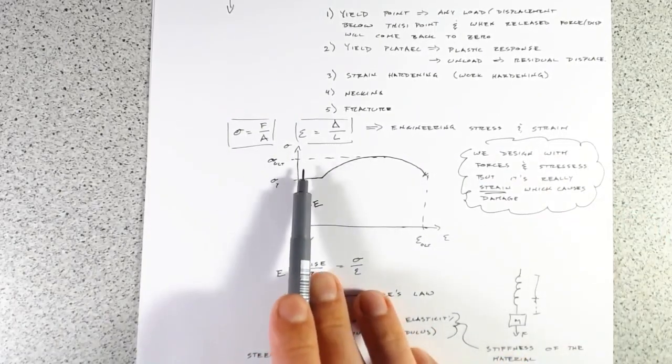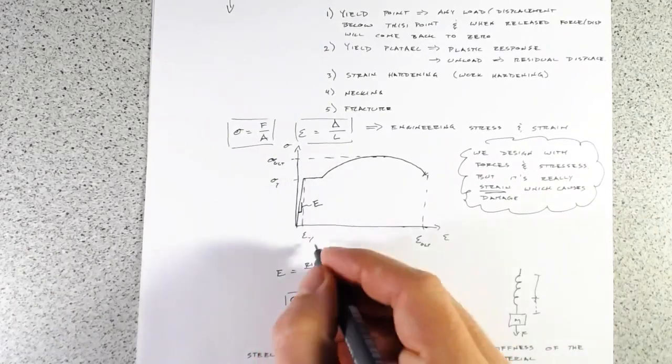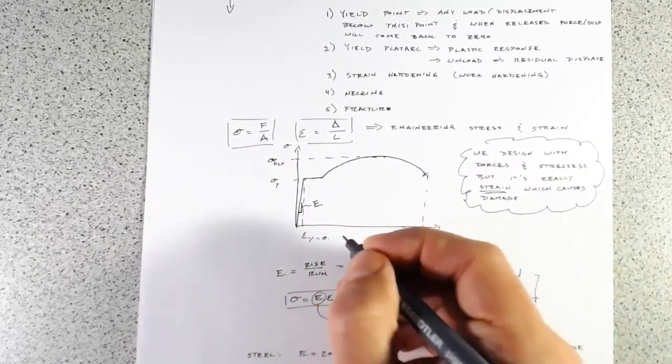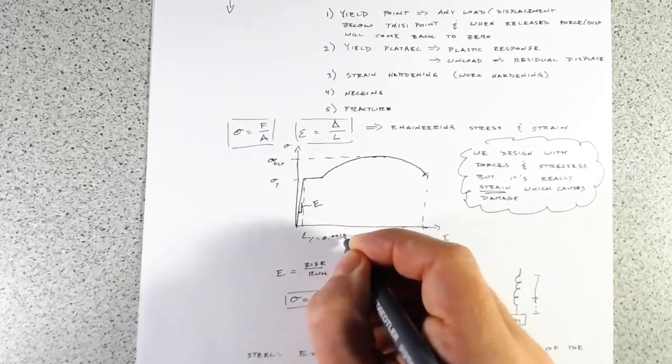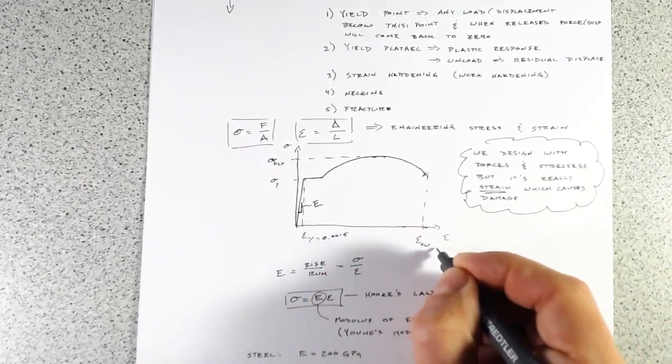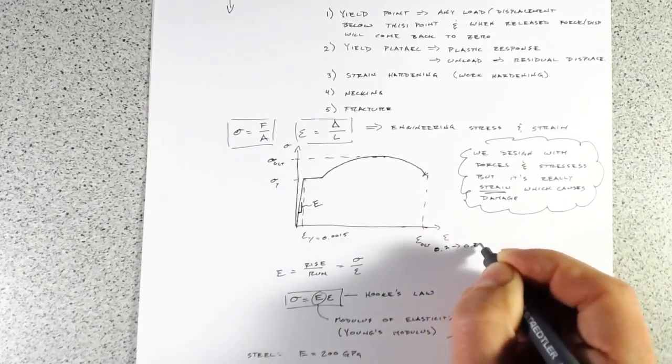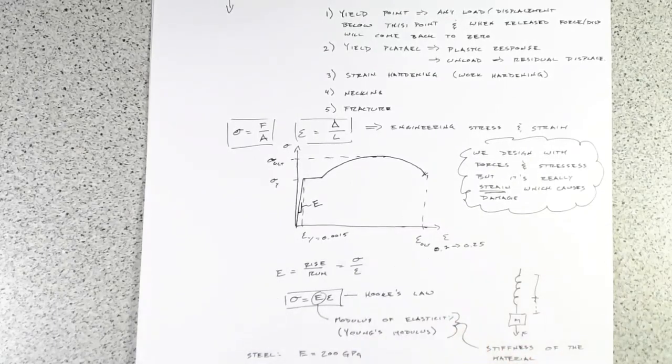If this is going to be 0.0015, our ultimate strain on steel is something about 0.2 to 0.25, so about 20 to 25%.